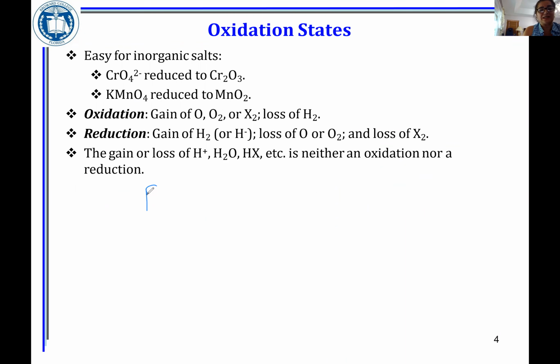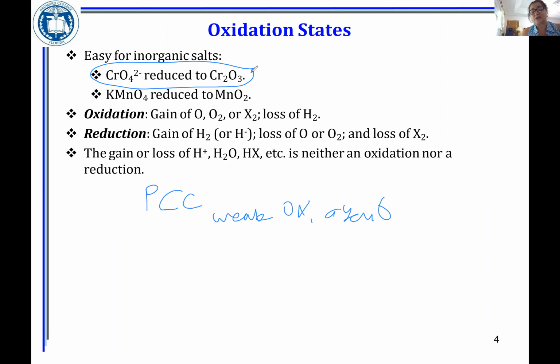Sorry, PCC is a weak oxidizing agent. Pyridinium chlorochromate is a weak oxidizing agent. And then you have Jones reagent. That is an oxidizing agent. Silver nitrate with nitric acid is also an oxidizing agent.